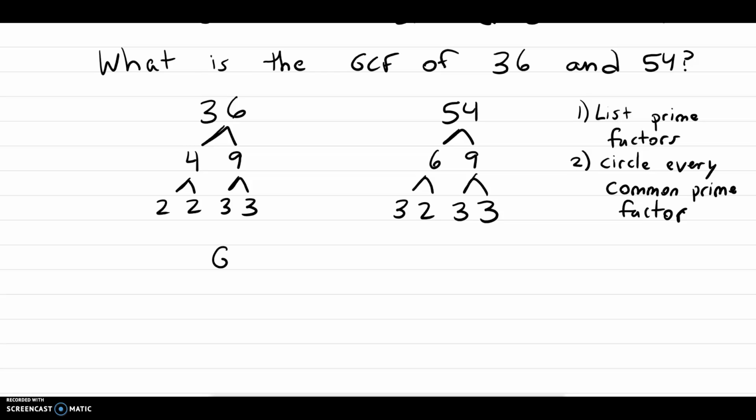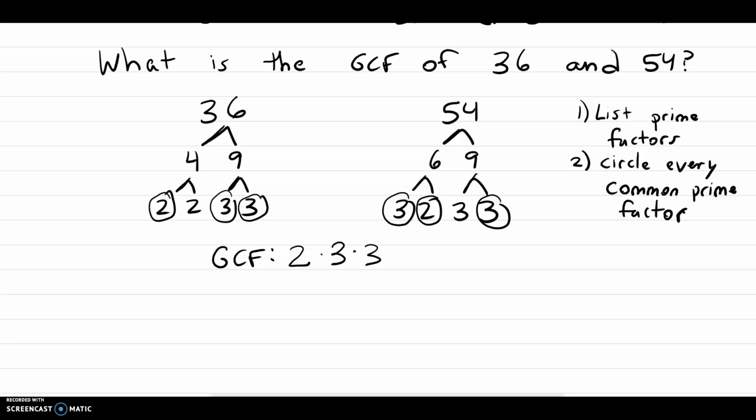So for our GCF here, we first factored it down, we prime factored it. And now we're going to circle what they have in common. So there's a 2 that they have in common, so I'm going to list the 2. And then they also have a 3 in common. And then they also have another 3 in common.